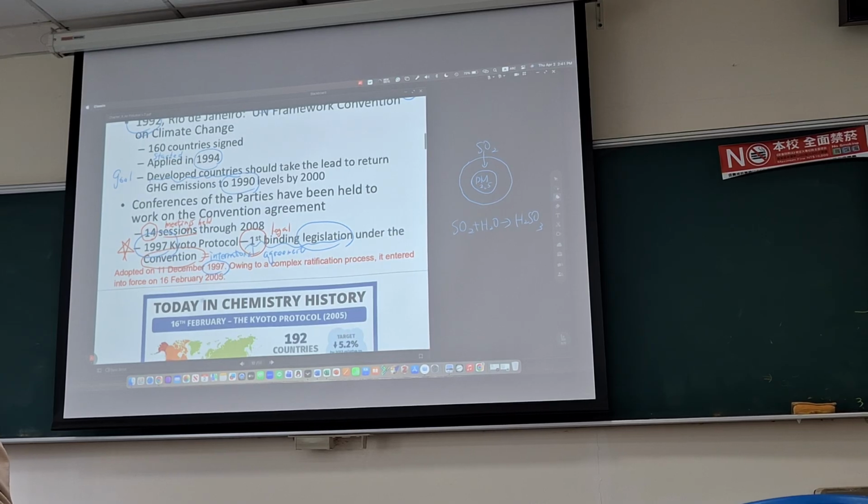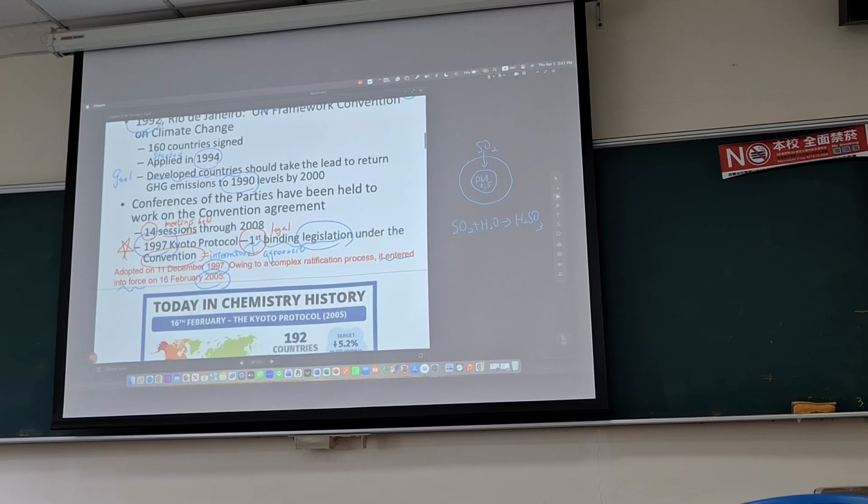However, because it had legal binding, some countries were against it, so they had lots of meetings. It entered into force in 2005.